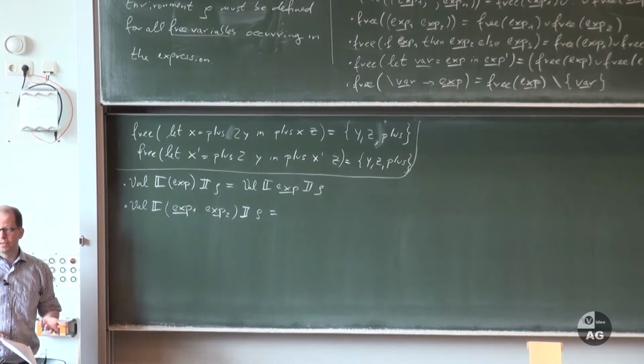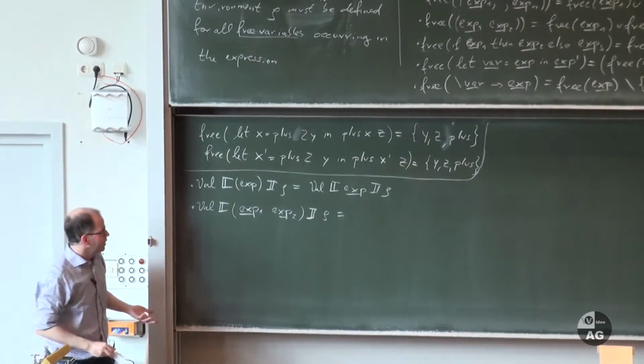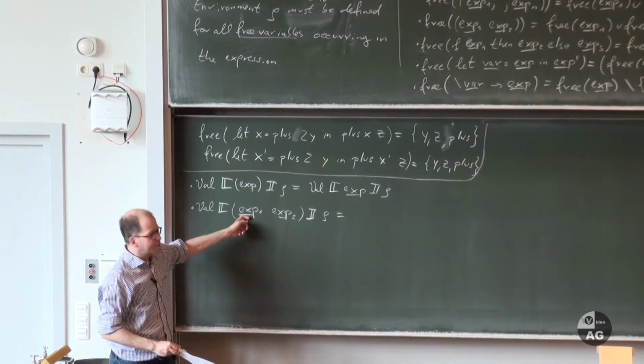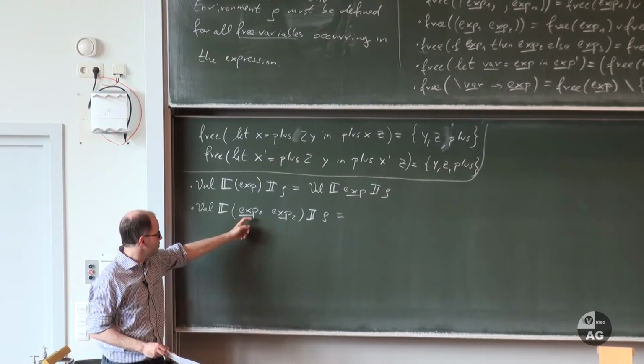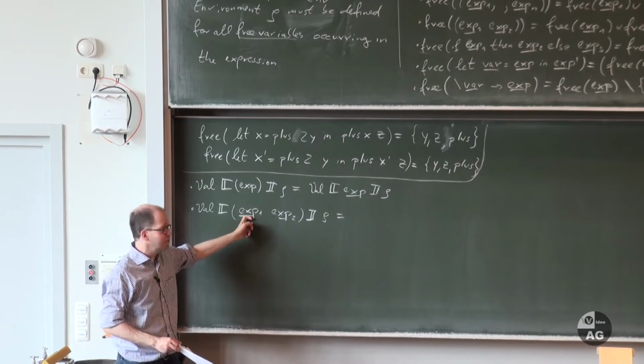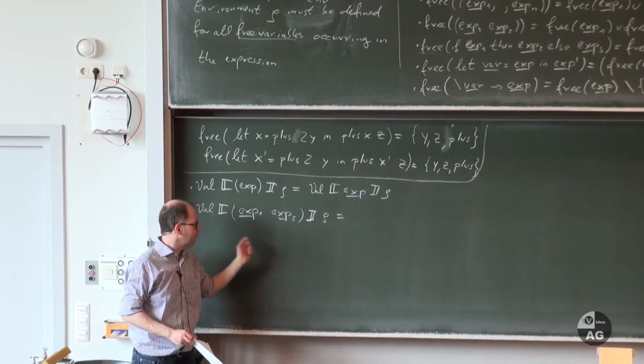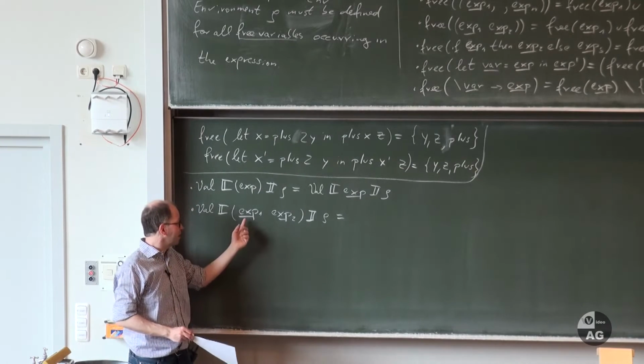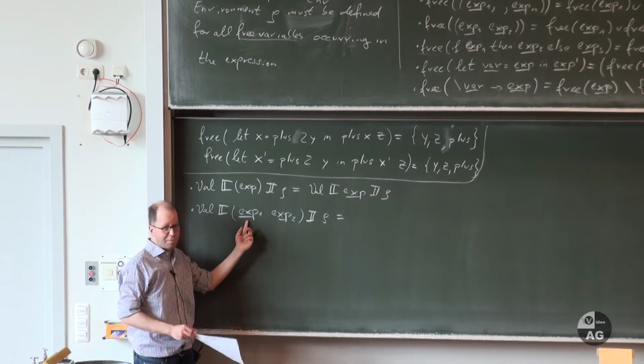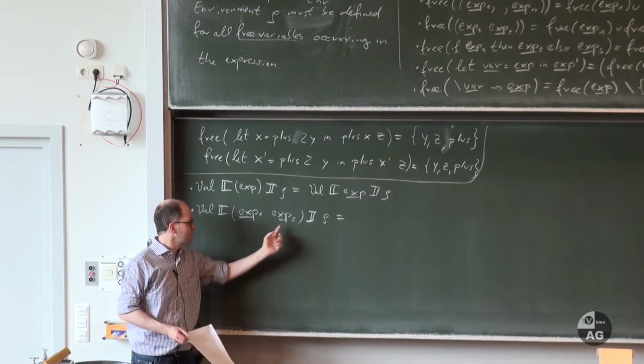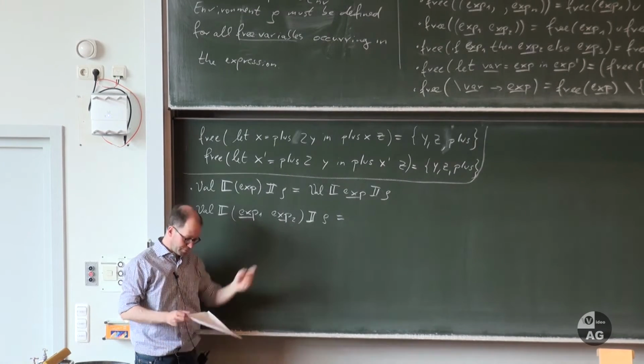Well, what does that mean? Intuitively, we know what that means. It means that this here should denote a function. So the semantics of expression 1 should be a function, and the semantics of the whole thing should result from applying the semantics of x1, namely the function that corresponds to x1, to the semantics of x2.